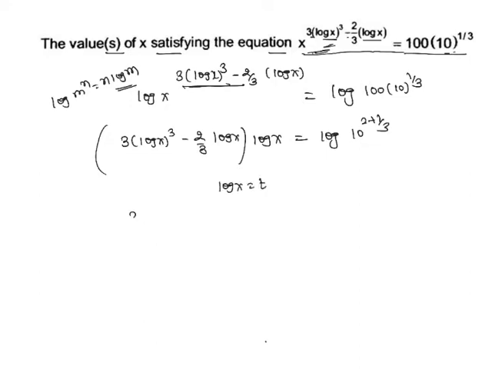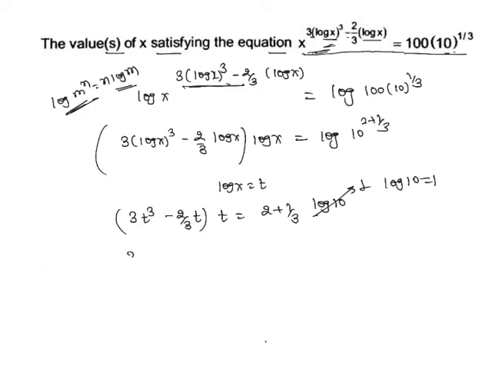So here we can assume log x as t. So this will come 3 t cube minus 2 by 3 t into t equals, using the same property, 2 plus 1 by 3 log 10. Log 10 is nothing but 1. Clear?